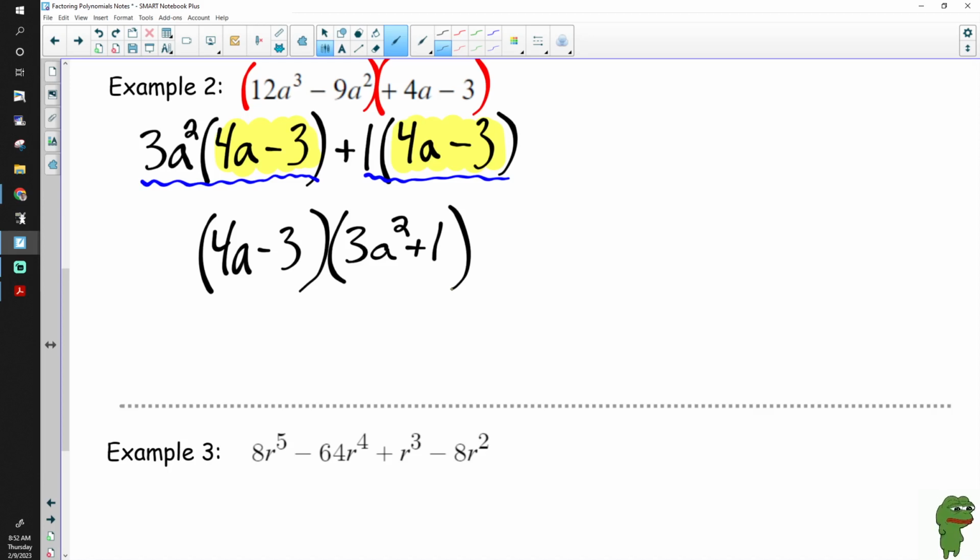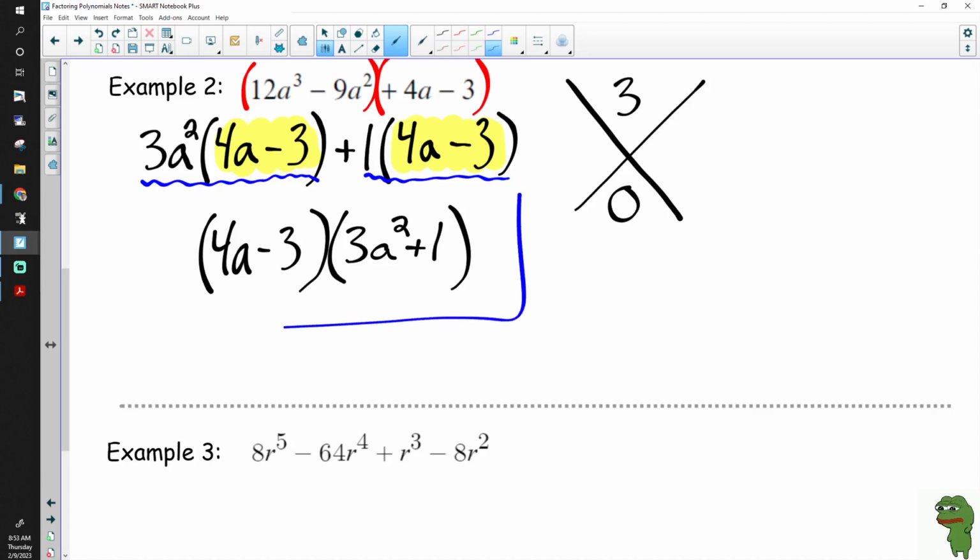So if we just quick check our x method off to the side, a times c will give us 3, and our b value is 0. Now, are there any two numbers that multiply to 3 and add up to 0? What's the only way to make 3? 3 and 1, do those add up to 0? Can you factor this? No, so that means we are done.